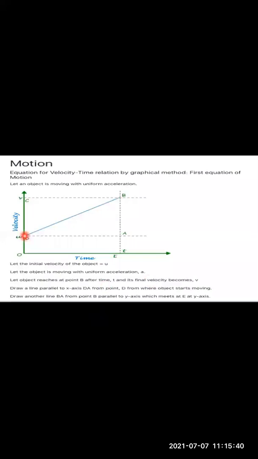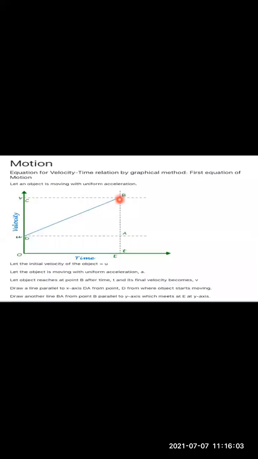Now let us say after some interval of time t, the object reaches point B. We draw a line parallel to the x-axis, that is, from point B I draw a line parallel to the x-axis. That line is nothing but CB.